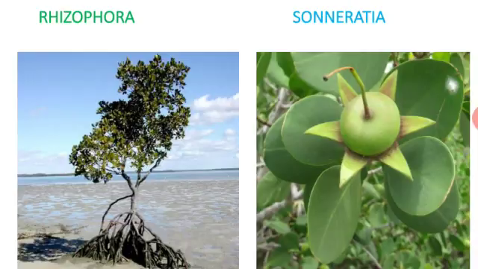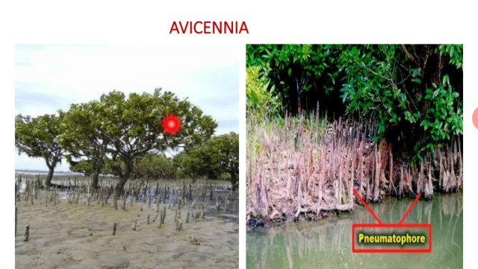Some examples found near the seashore are these halophytes: Rhizophora, Sonneratia, Avicennia. You can find the roots, named here as pneumatophores. These pneumatophores help the plant breathe, because in high saline condition the plant cannot respire.